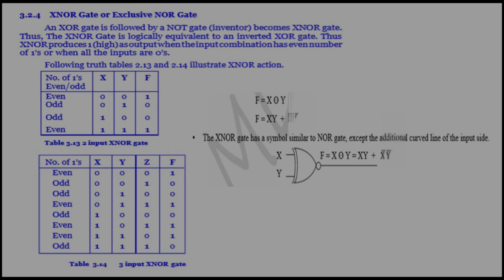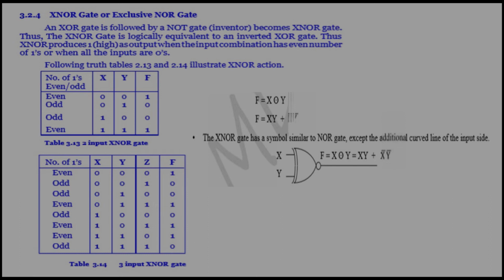And how the result is, you can see here: f equals x exclusive OR y equals x into y plus x bar y bar. Okay, let's see how the result is when we simplify. And for remembering purposes, we can see one thing here.